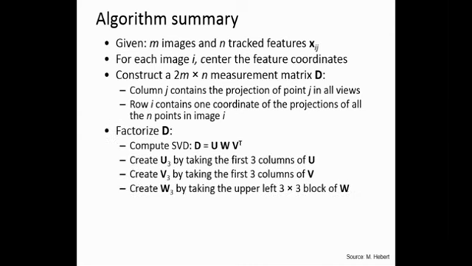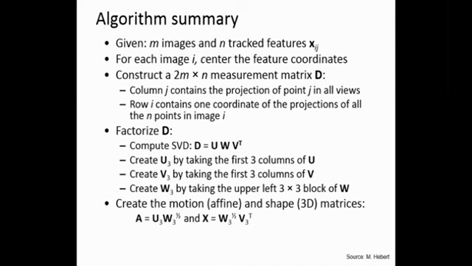Then you factorize this matrix D by doing SVD and taking the first 3 columns of U and the first 3 rows of V transpose, or equivalently the first 3 columns of V. Then create W3 by taking the upper left 3 by 3 block of W. You're basically saying that all the singular values after the first 3 are 0. Then you create the motion or affine matrix and the 3D shape matrix by post-multiplying U3 and V3 by the square root of W.